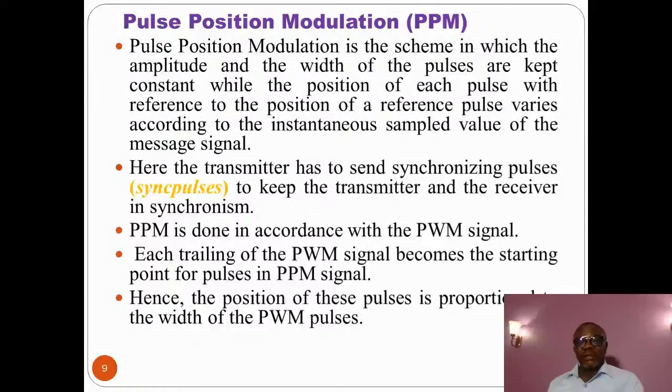Each trailing edge of the pulse width modulation signal becomes the starting point for pulses in PPM. Hence, the position of this pulse is proportional to the width of the pulse width modulation pulses.